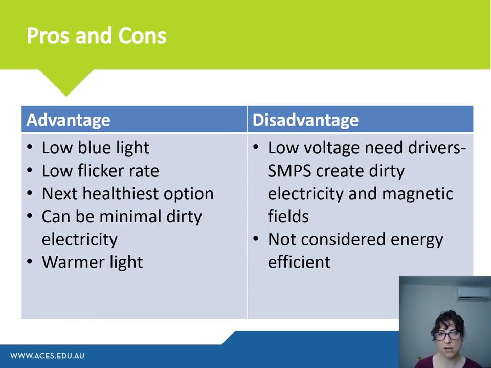And again, they're not considered as energy efficient as LEDs. So that's a problem, and it can be quite a problem when you're talking to people in building design, builders, electricians, etc., because they can sometimes get really put off that you're recommending something that's not considered energy efficient.